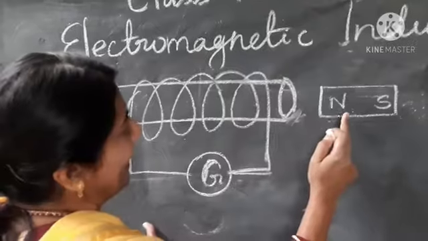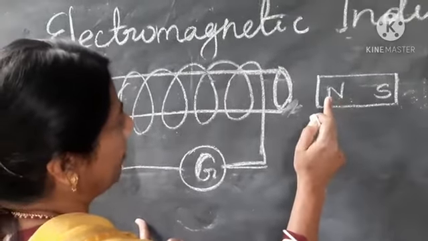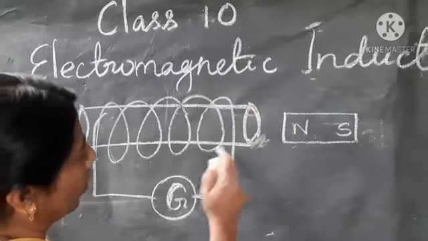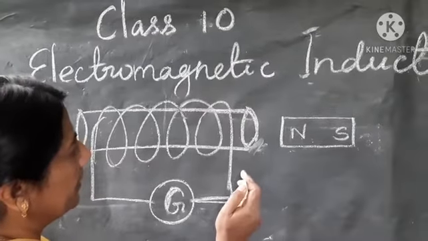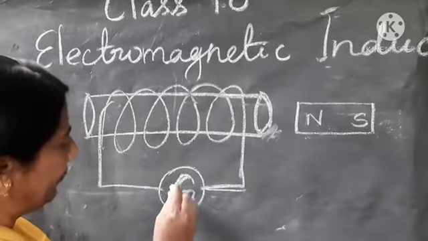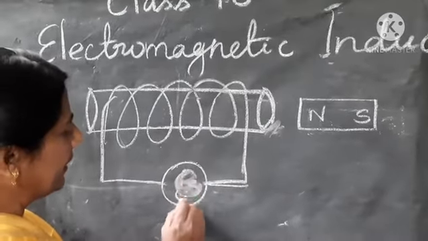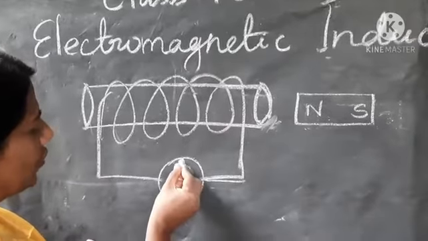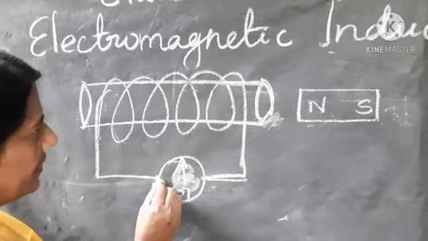Now bring the north pole of the magnet towards the cylindrical coil. We can notice that there is a momentary deflection in the galvanometer needle. For example, it moves towards the left in the first case.